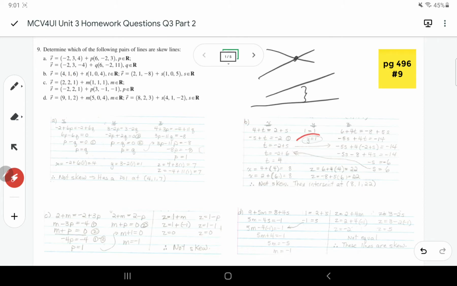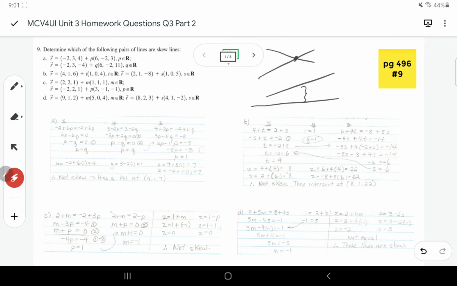So we don't actually have to do anything with the y. We can just solve for the t and the s using the two equal equations from the x and the z components. Then we solve and we get t equals 4 and s equals 6, and you can sub those in to get the x and z values. We know that y will just always be 1.